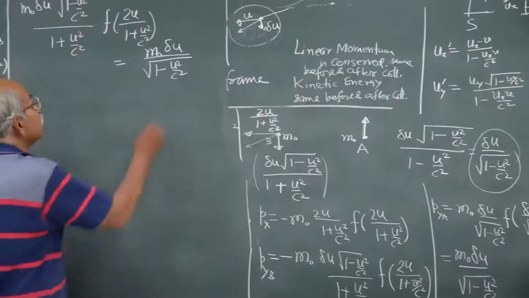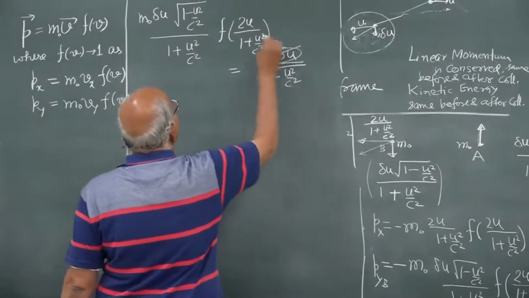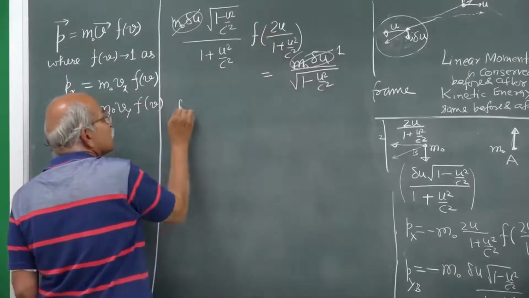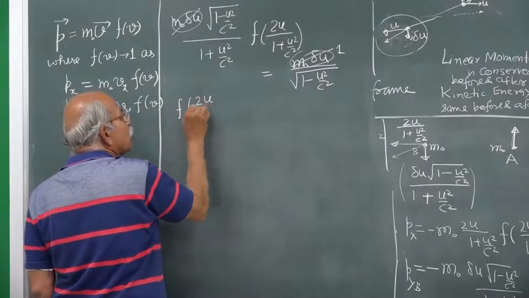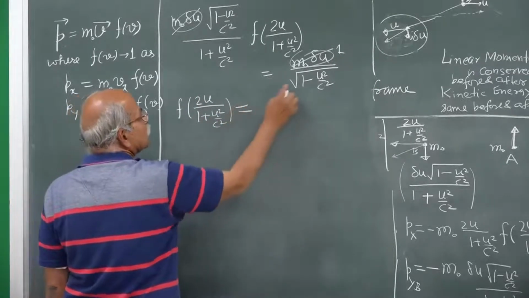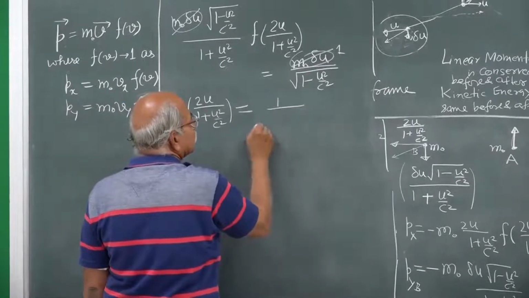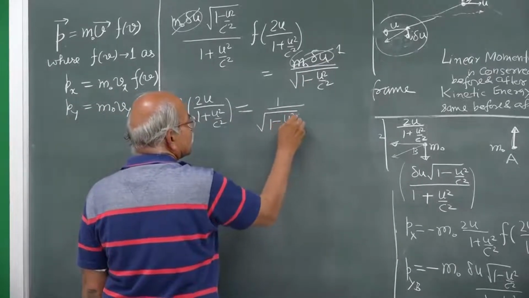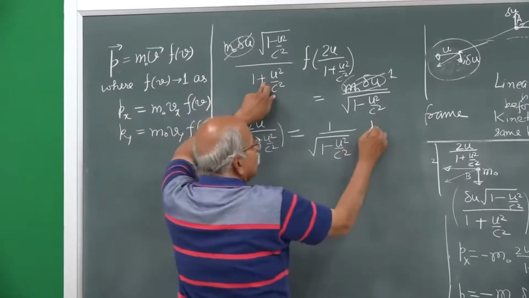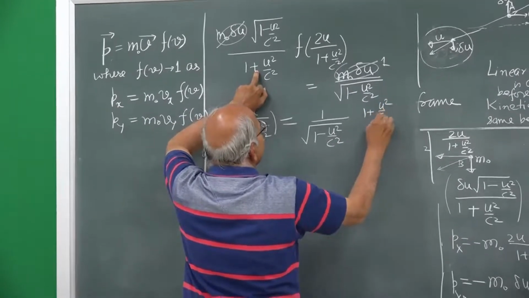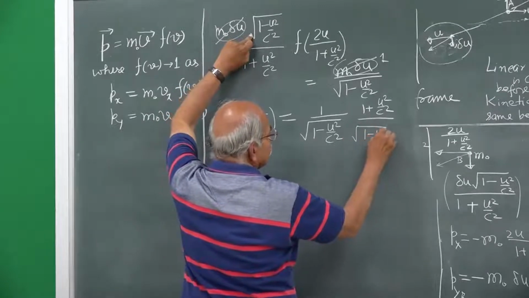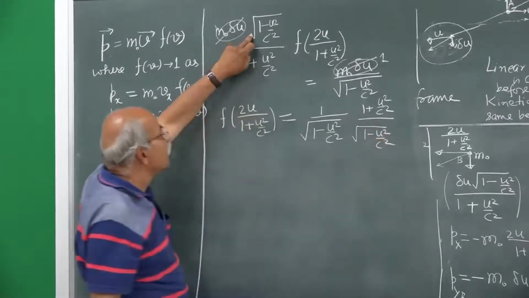So, this is it, and you can cancel out this m naught du here, m naught du here, and you can write f(2u / (1 + u²/c²)) is equal to 1 by square root of (1 − u²/c²), and then from this side you will have (1 + u²/c²) in the numerator and square root of (1 − u²/c²) in the denominator.